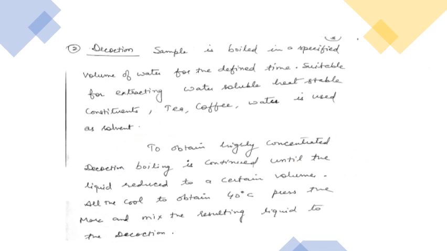So let's see the next method of the extraction, that is decoction. It is suitable for those samples in which the water soluble constituents are there, and those constituents are heat stable. The sample is boiled in a specified volume of water. So the boiling of the sample with the specified volume of water as a menstruum for the defined time is done in the process.